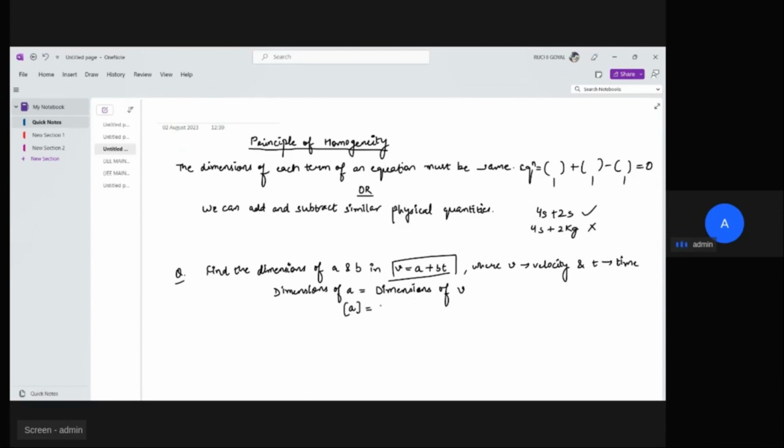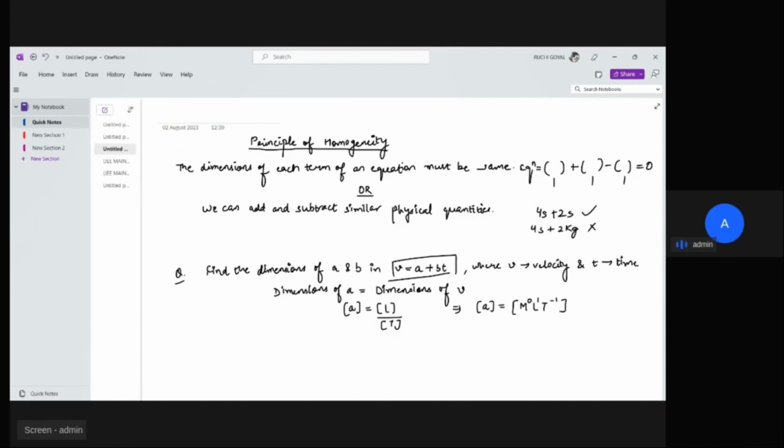Velocity, that is distance upon time. So from here the dimension of A will be M^0 L^1 T^-1, right? So this is the dimension.